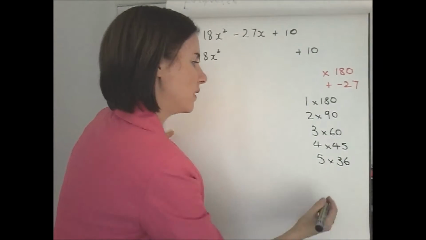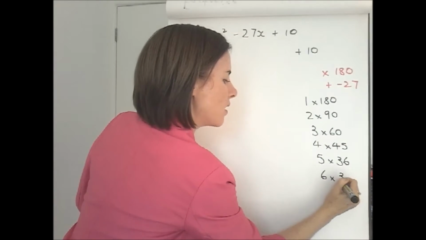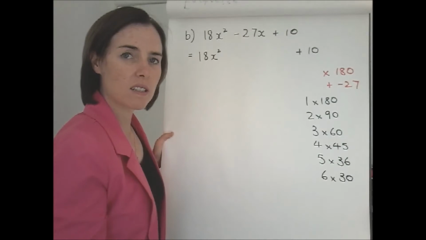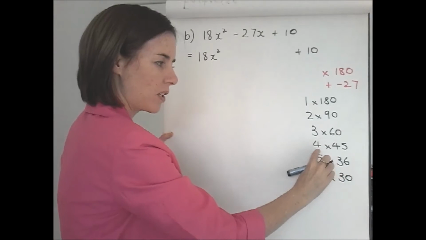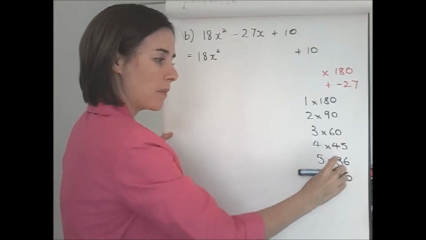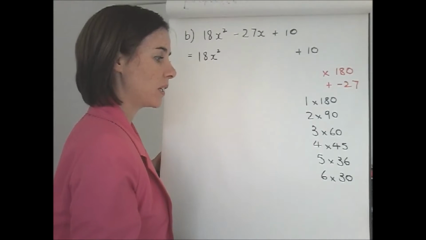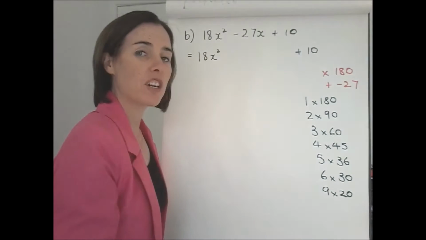Does 6 go in? Yes, 6 times 30. Does 7 go into 180? No. Does 8? No, because 4 goes in times an odd number, so 8 won't go in evenly. Does 9 go in? Yes, 9 times 20.